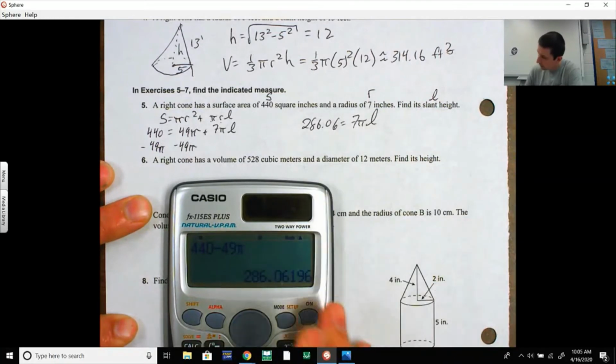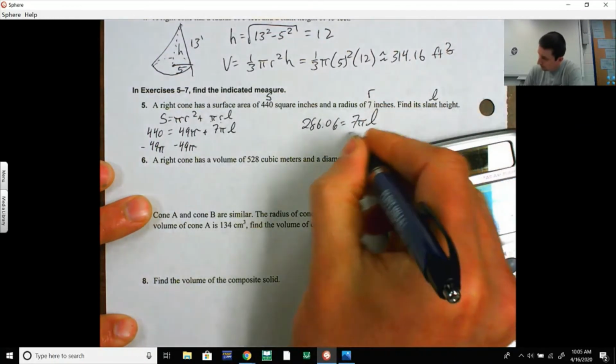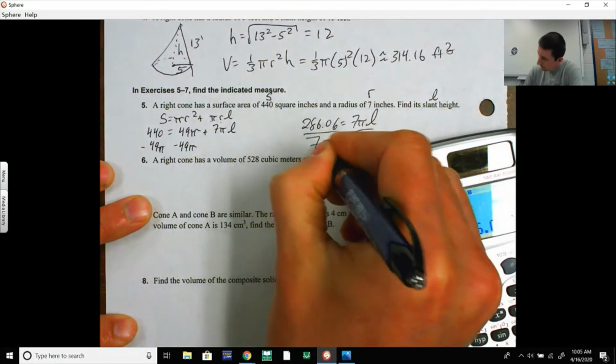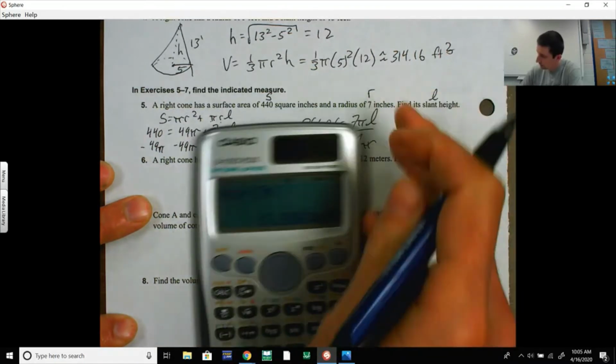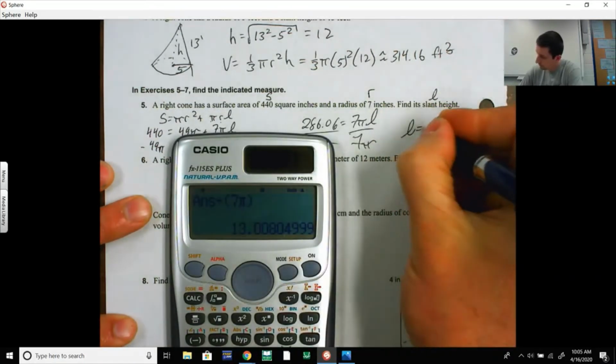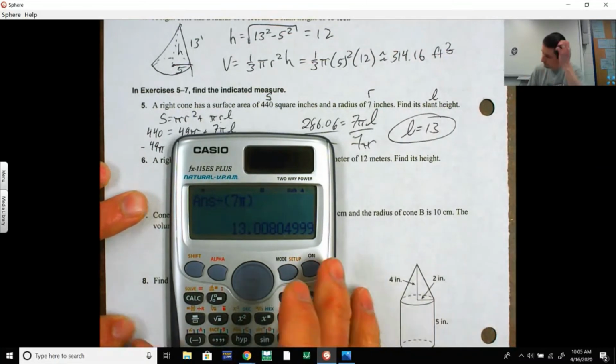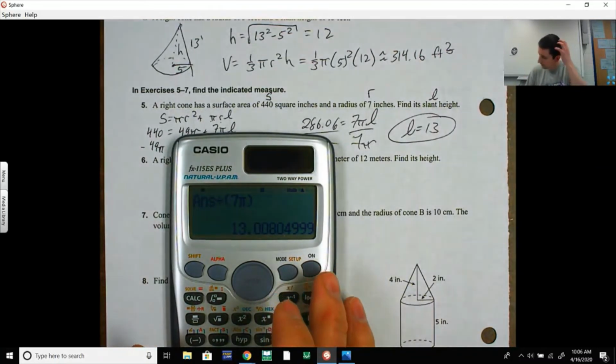Now I'm going to have to divide by 7 pi, so I'm going to hit divide by, bring up my last answer, 7 pi. And we get 13. So that was 13.